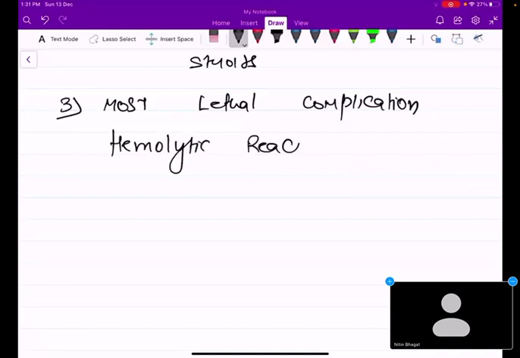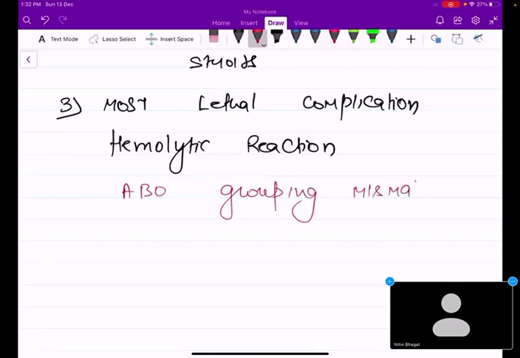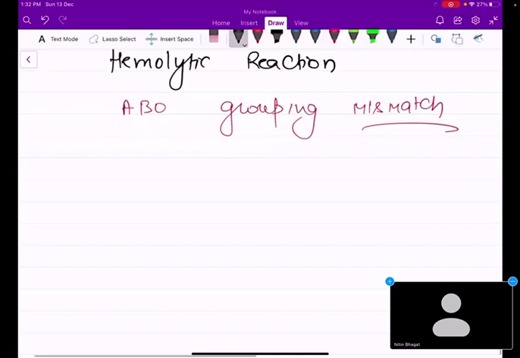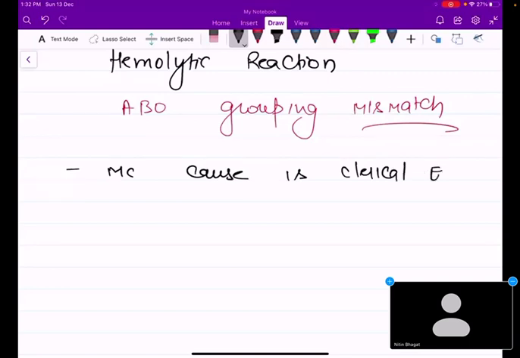Hemolytic reactions occur from ABO grouping mismatch. That means the patient's blood group was A positive, and by mistake he was given B positive blood. Why does this happen? The most common cause is clerical error.